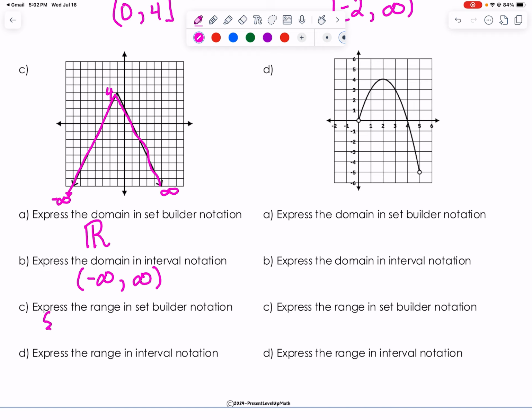So when I express this in set builder notation, I would say the set of y's such that y is less than or equal to positive 4. So in interval notation, our smallest number would be negative infinity. Our largest number would be 4. The 4 is included, so it gets a bracket, and infinity always gets a parenthesis.